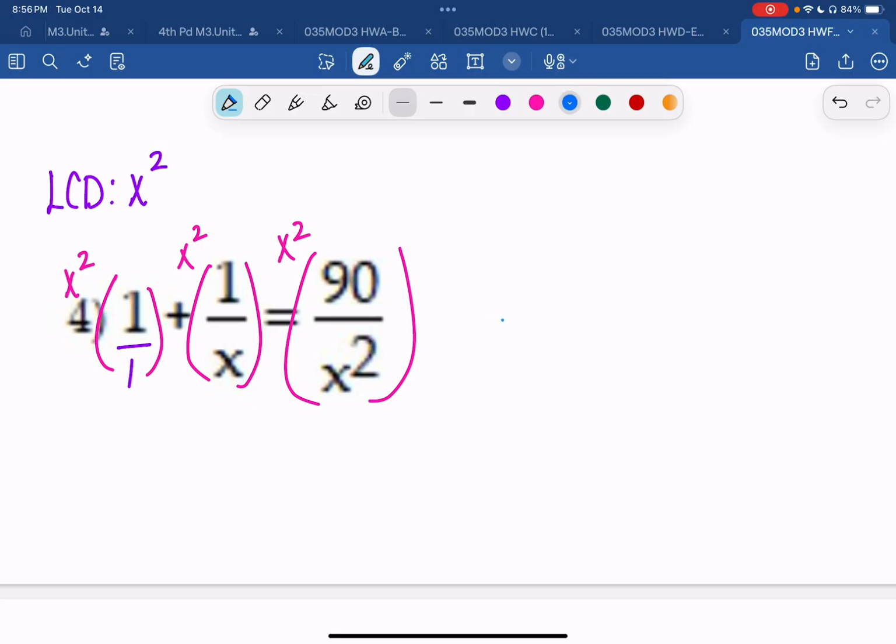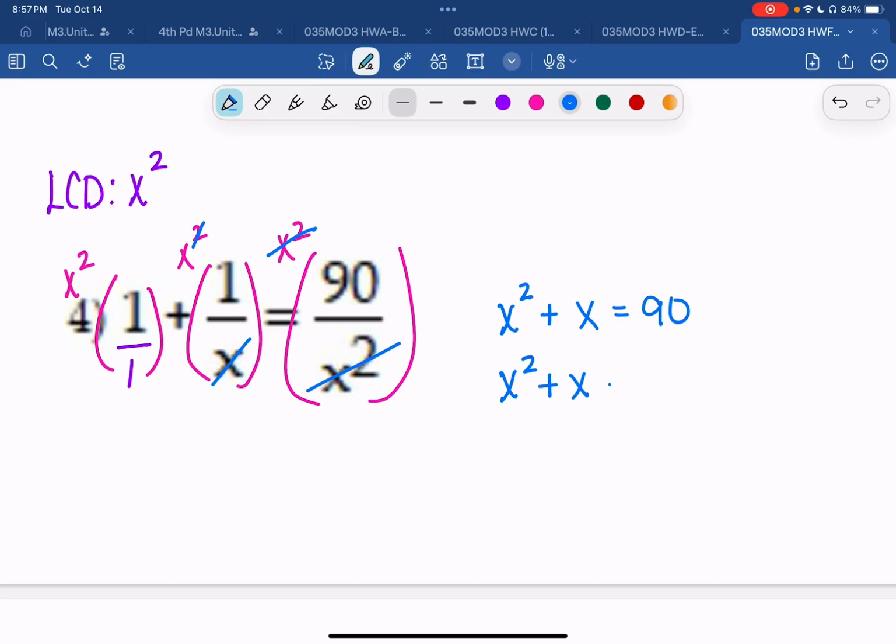My first one, there's nothing to cancel, so that's just x squared times 1, so x squared. Second one, I can cancel this and one of those x's, so I just have plus x. Here, x squared and x squared cancel, so I've got 90. Got another quadratic, so I'm going to set equal to 0.